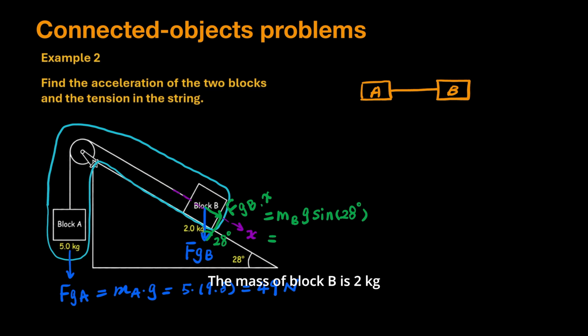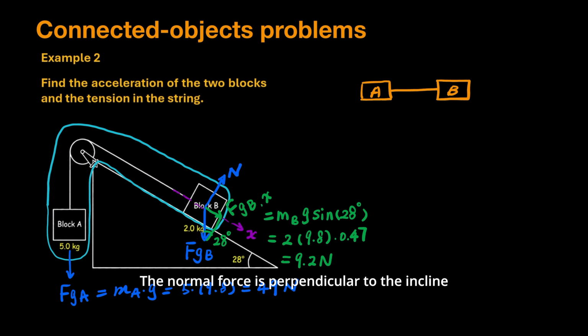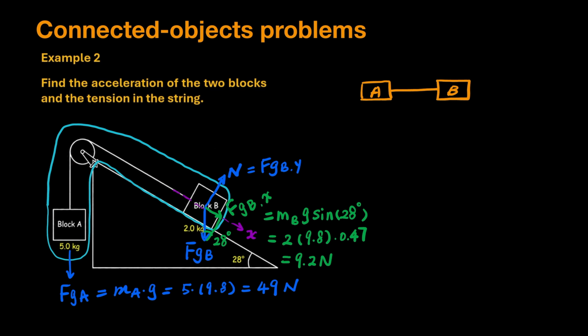The mass of block B is 2 kilograms, multiplied by 9.8. Sine 28 degrees is 0.47. This gives us 9.2 Newtons. The normal force is perpendicular to the incline. It balances the component of gravity perpendicular to the incline, so it doesn't affect the motion along the string.